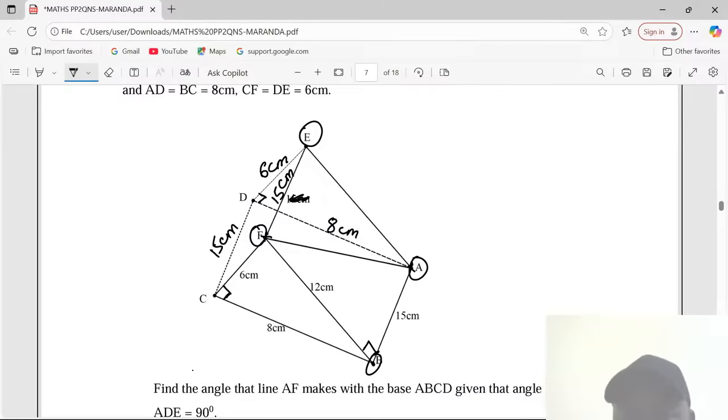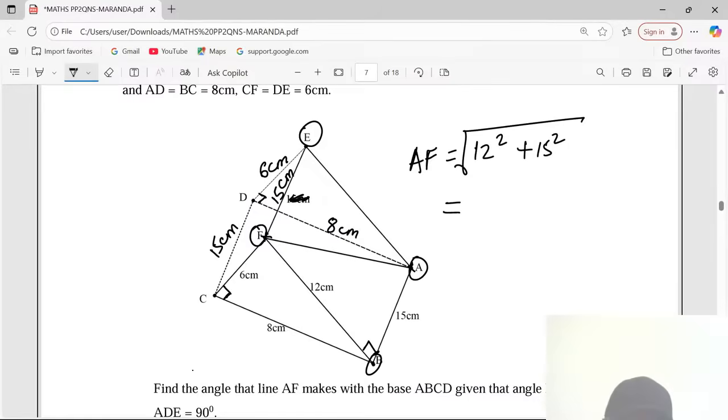So we can get the length from A to F. The length AF can be found using Pythagoras theorem. AF is the square root of 12 squared plus 15 squared.